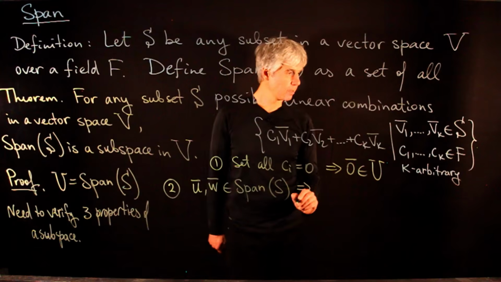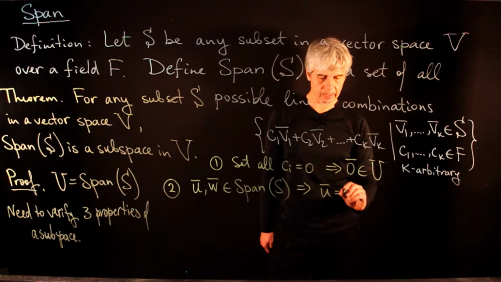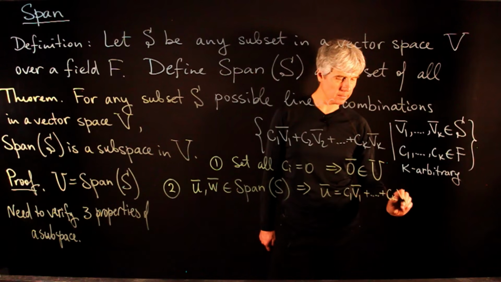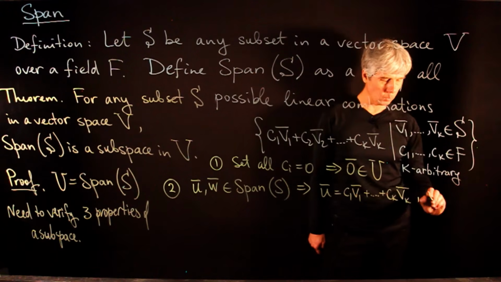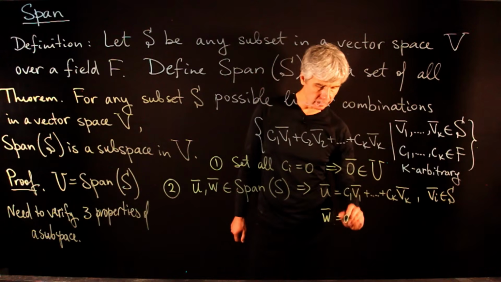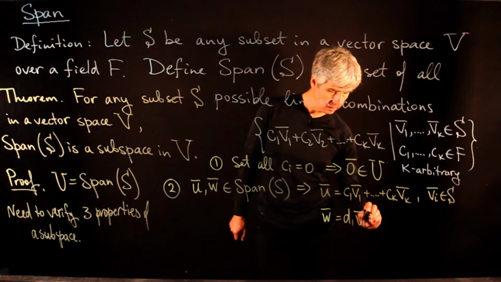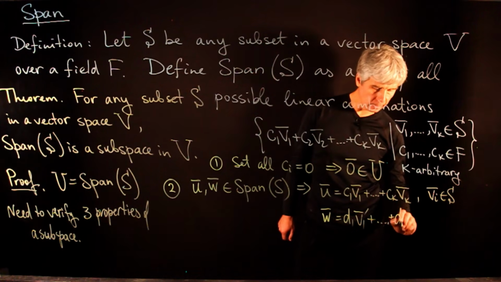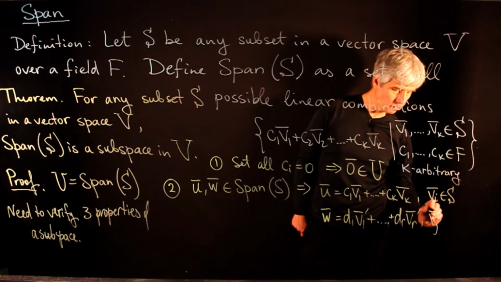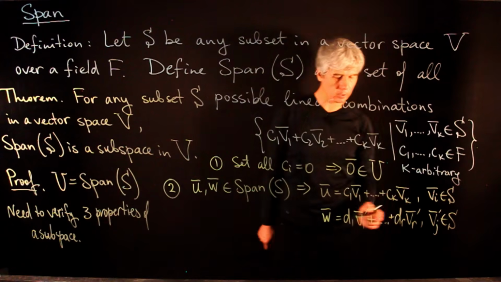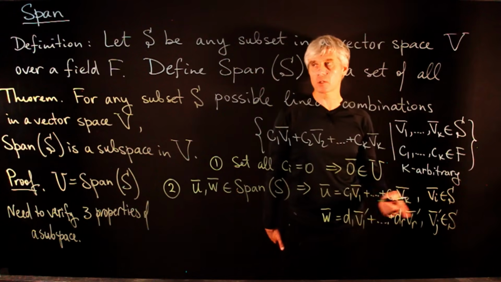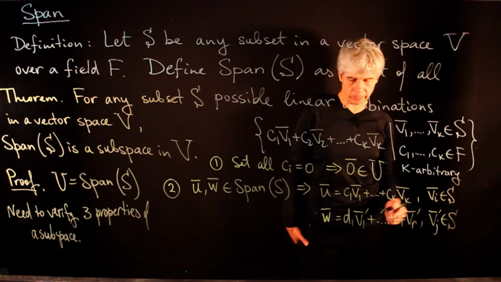So this means that U can be written as C1 V1 plus CK VK, where all VI's belong to the set S. And W can be written as D1 V1 prime plus DR VR prime, where these vectors Vj prime are also in S. So these vectors, the prime vectors, could be the same or could be different from V vectors, as long as they're all elements of the set S.